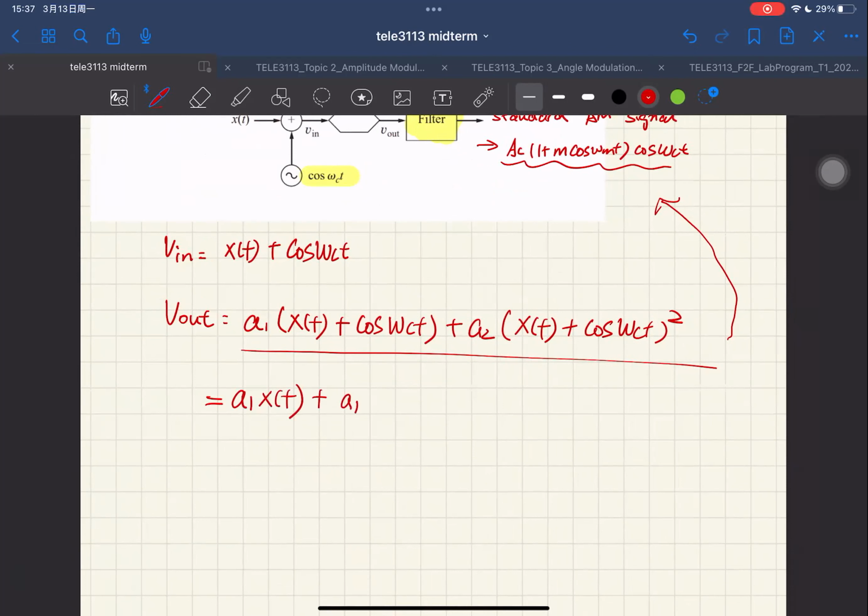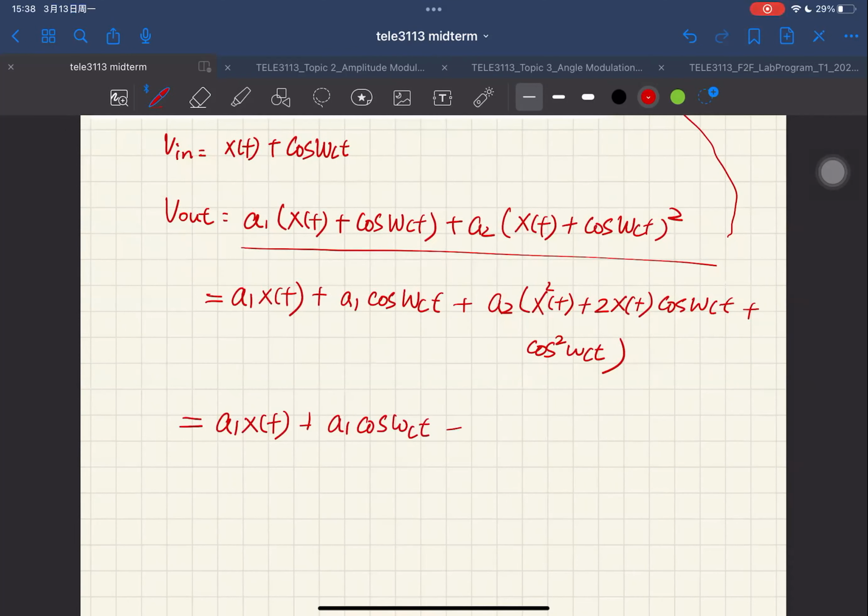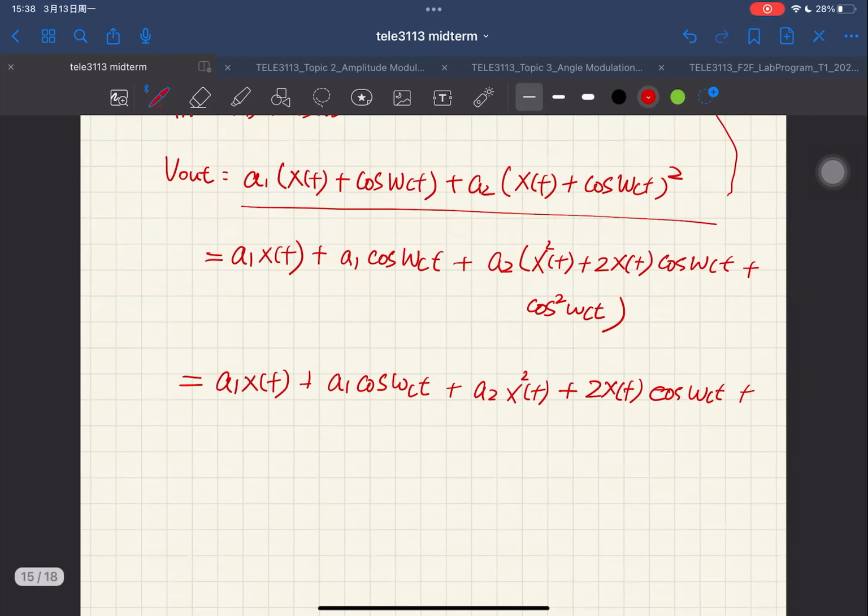You're going to do A1 times x(t) plus A1 times cos omega_c t, and then A2 times (x squared t plus 2x(t) cos omega_c t plus cos squared omega_c t). Expanding gives A1 x(t) plus A1 cos omega_c t plus A2 x squared(t), plus 2 A2 x(t) cos omega_c t, plus A2 cos squared omega_c t.